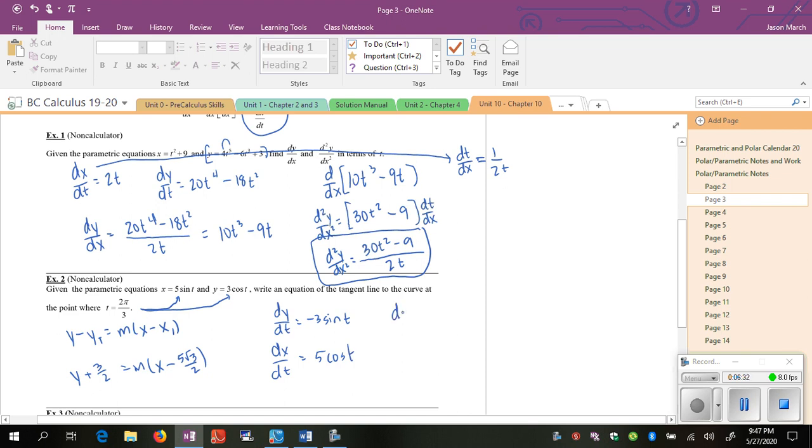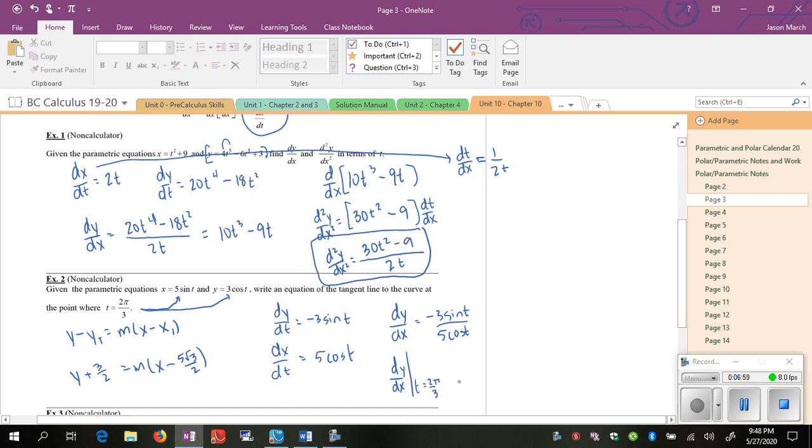And so dy dx is negative 3 sine of t over 5 cosine of t. And so then dy dx at t equals 2 pi thirds.